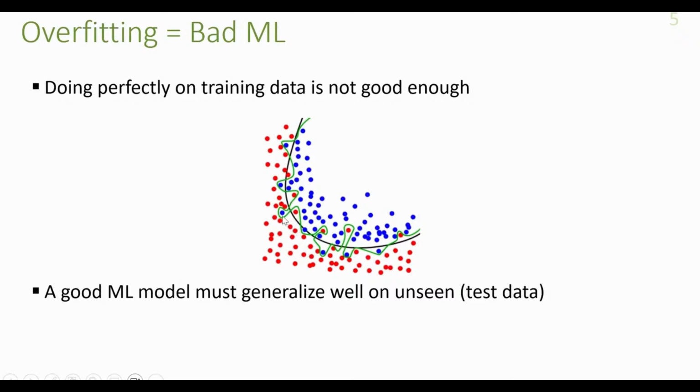For example, this point is an outlier. This point has to be a red point, but in our data we have this point labeled blue, right? So this point is an outlier. Again, this point is an outlier, and yes, this point is an outlier, right?